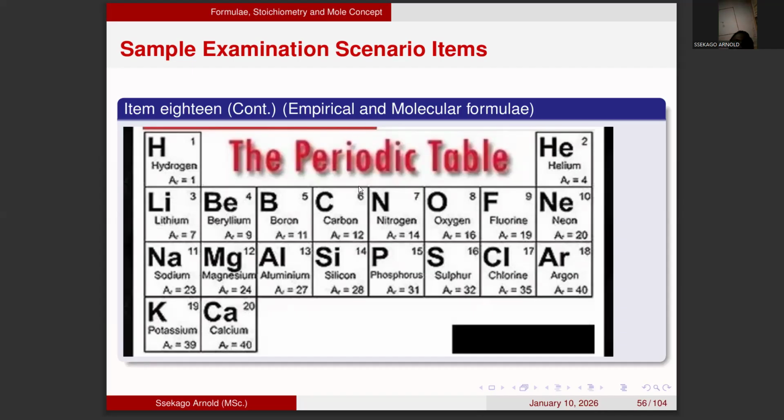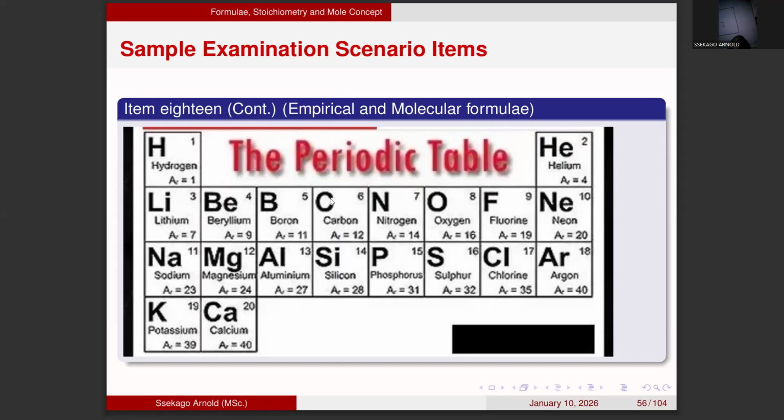Group 4 is where we have carbon, silicon. This is period 1, and period 2 is this one. So the element is found in group 4 and period 2.